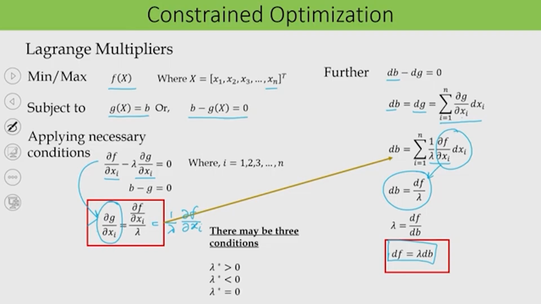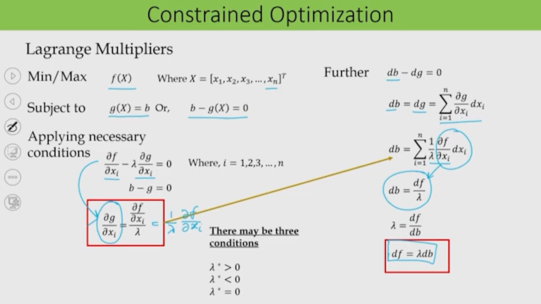But otherwise, if it is a minimization problem and lambda is positive, then if you tighten the constraint, what will happen? There will be a marginal improvement in the objective function.